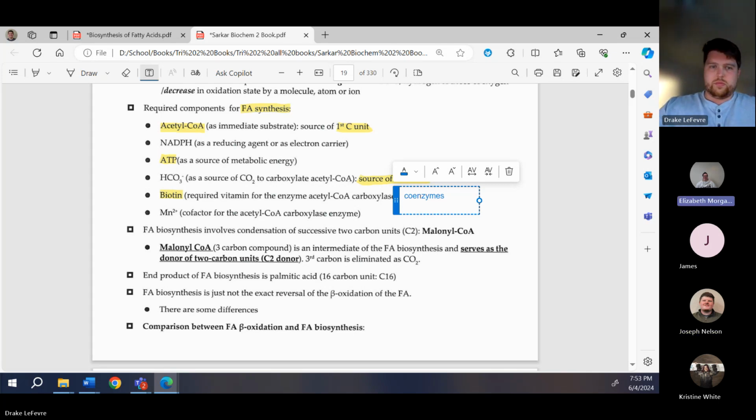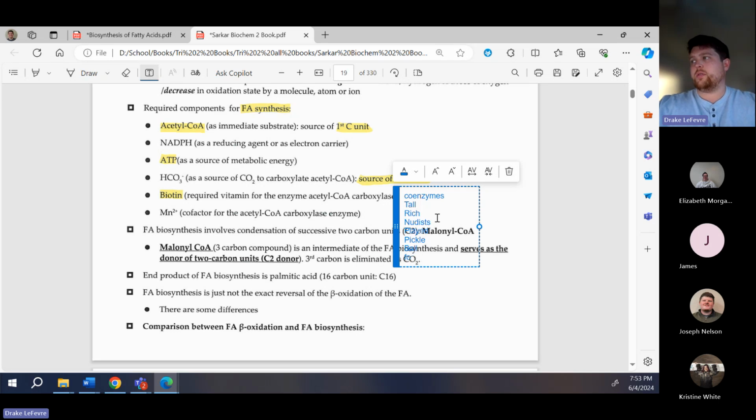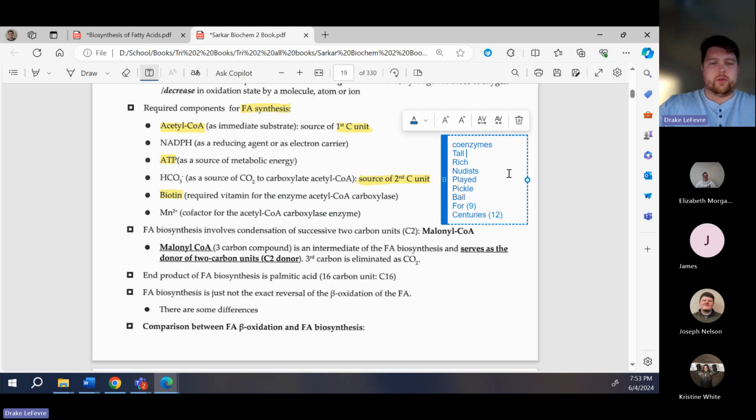Thiamine, we have 1, 2, 3, 5, 6, 7, 9, and 12.